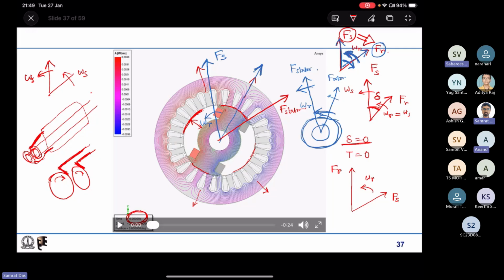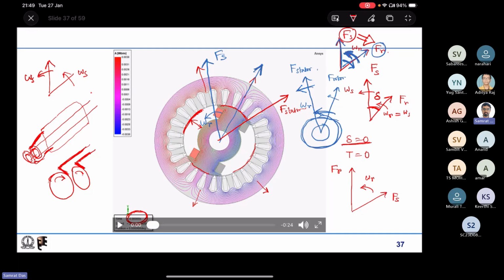Yes, the one which you have explained now is clear. But is my understanding correct or not? Suppose it is a motor: first we give the supply to the stator, so the stator magnetic field is running.